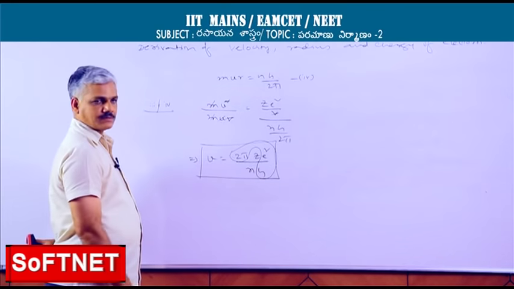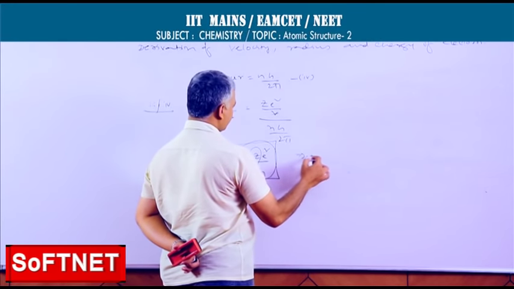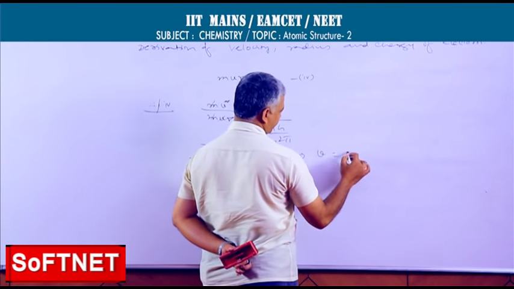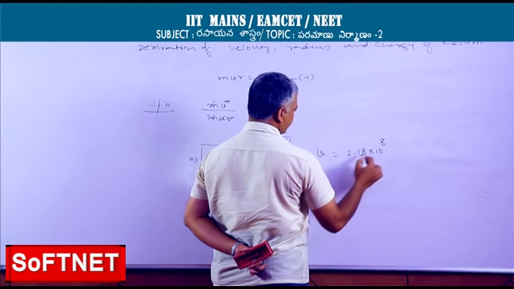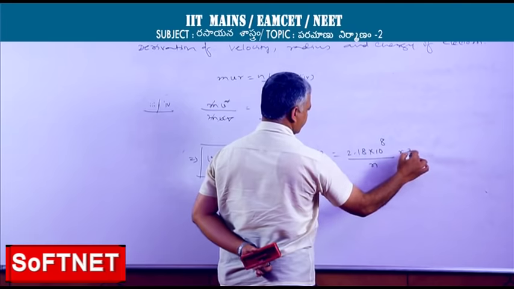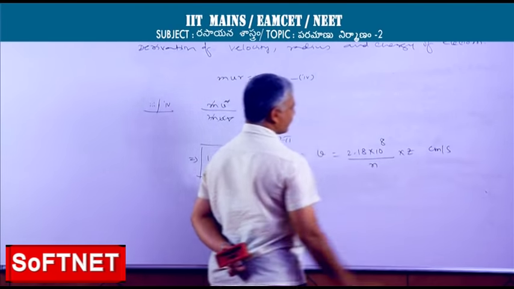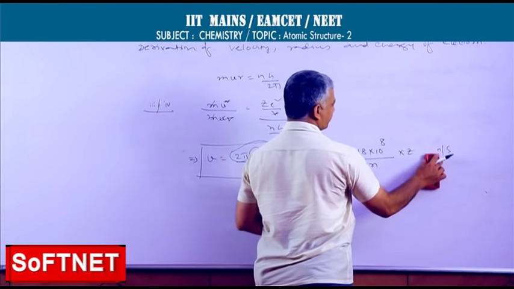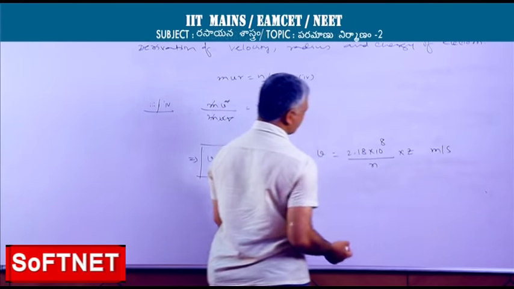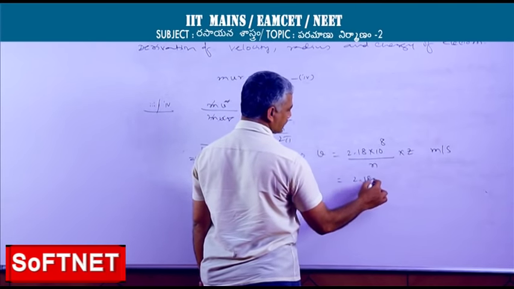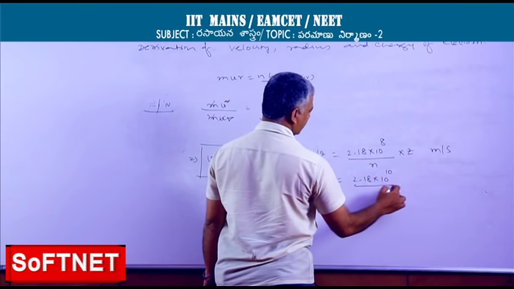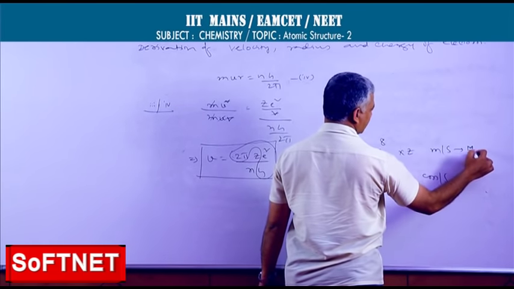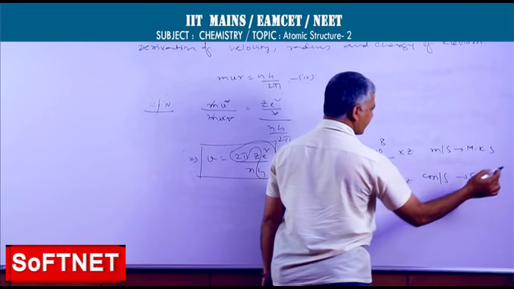So, when you substitute corresponding values, this equation can be simplified as V is equal to 2.18 into 10 power 8 by n into z meters per second, or in terms of centimeters, you can take it as 2.18 into 10 power 10 by n into z centimeters per second. This is the MKS value, this is the CGS value.